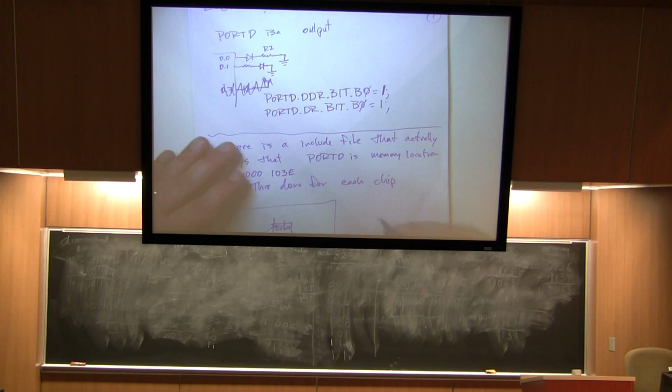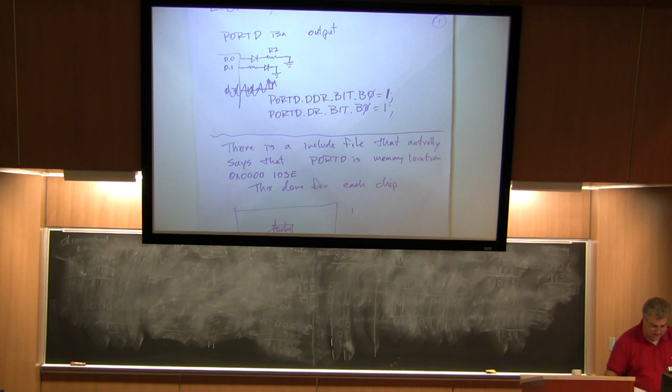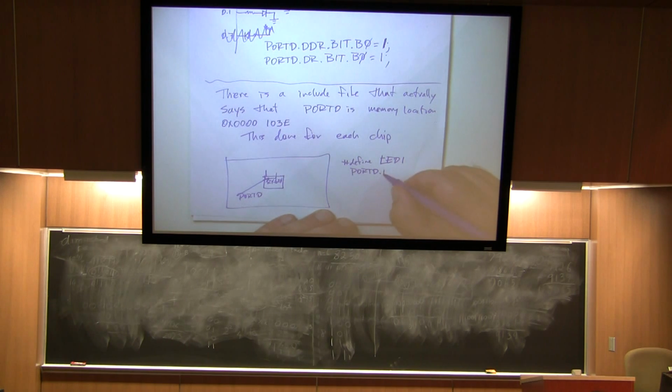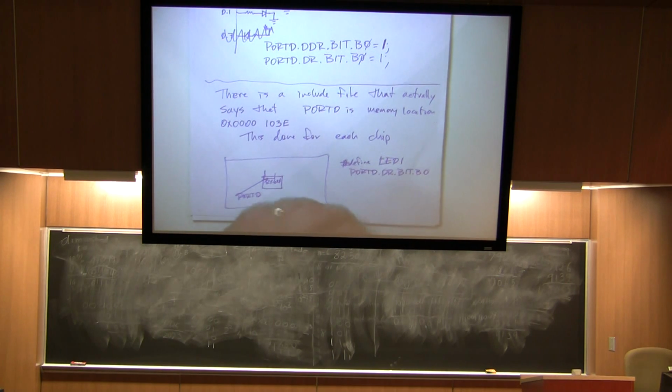So maybe I really want to say that LED1 is actually going to be port D.DR.bit.b0. And by the way, if you're writing C code, pound define is a what?